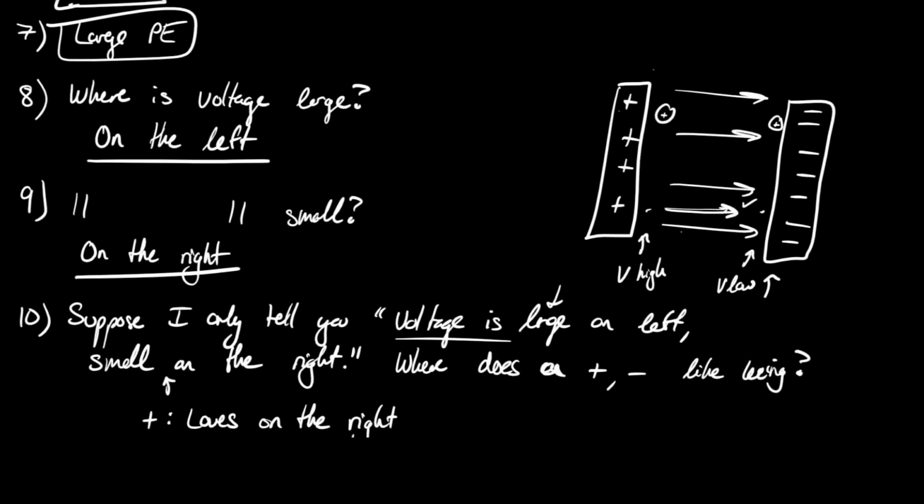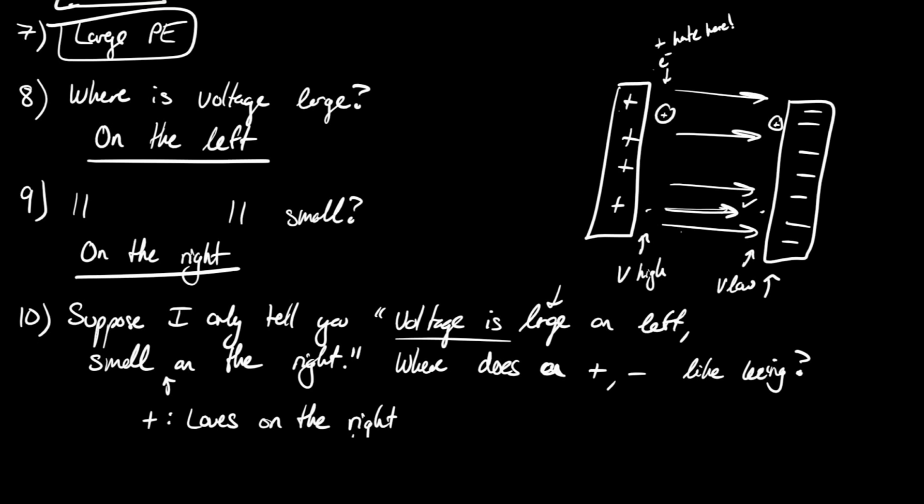Okay, and again, if we only know the voltages, where does the electron hate being versus like being? Well, the protons hate being here because the voltage is high here. So protons hate here.